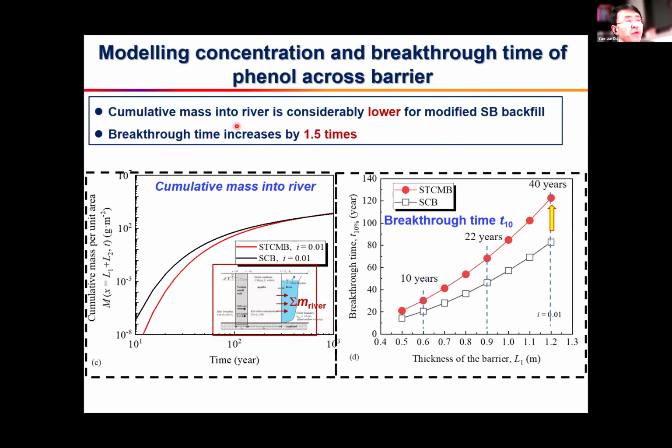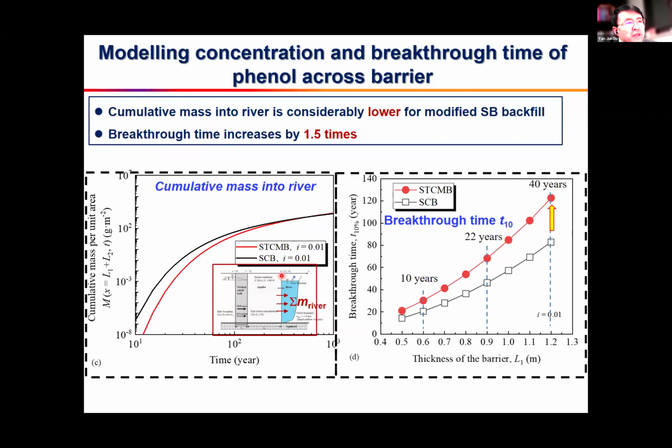We also run a number of numerical modeling using the Pollute program to figure out what is the cumulative mass of the phenol that comes across the wall and then migrates to the river downstream.